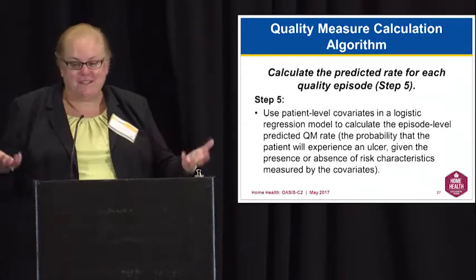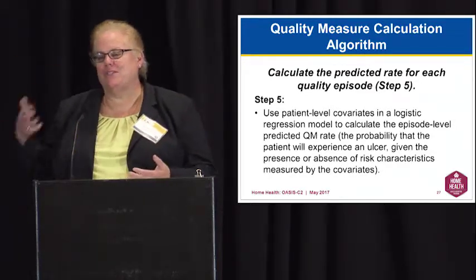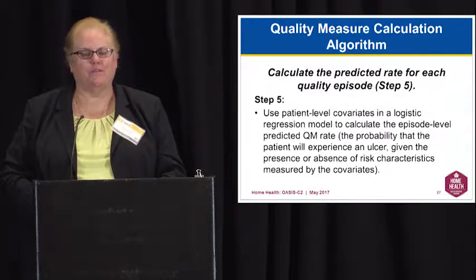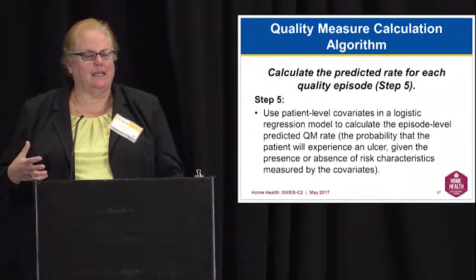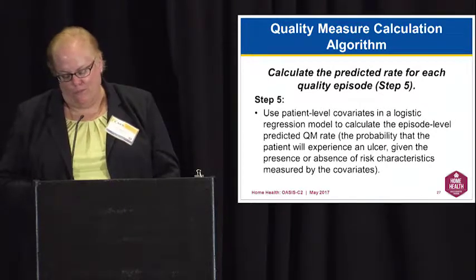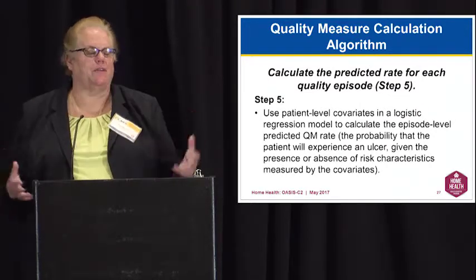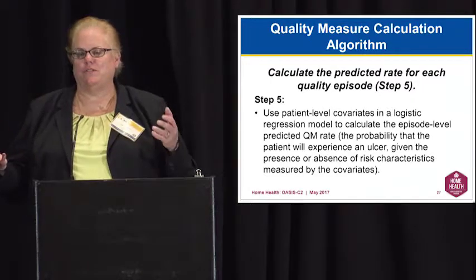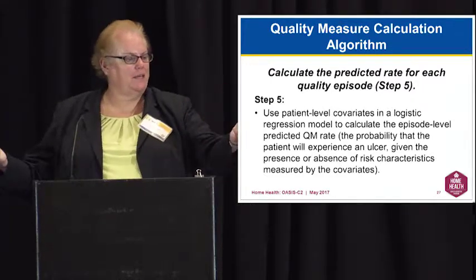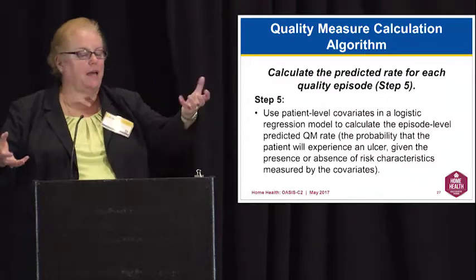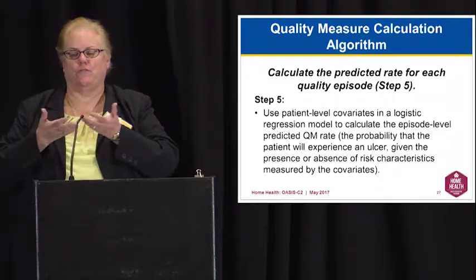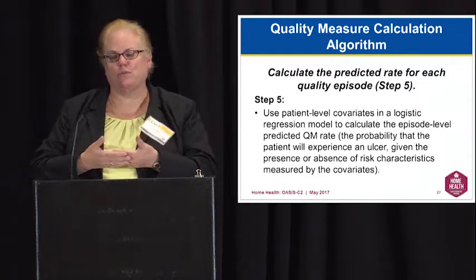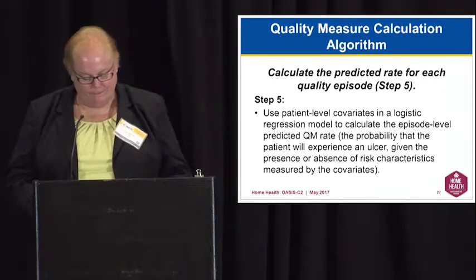But let's say you did, as compared to another agency who was caring for very disabled clients, maybe with weight loss and all kinds of other things going on with them, you'd say, well, wait a minute, my agency is not the same as your agency, or my client group is not the same as yours. So what they try to do in the math here in the covariates is try to make a level playing field. And that's really what you need to take away from that.